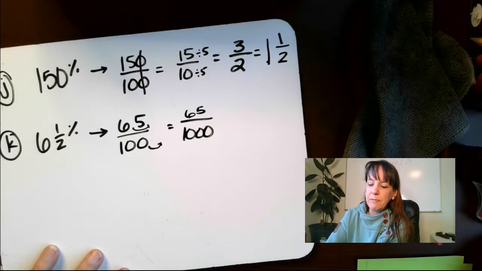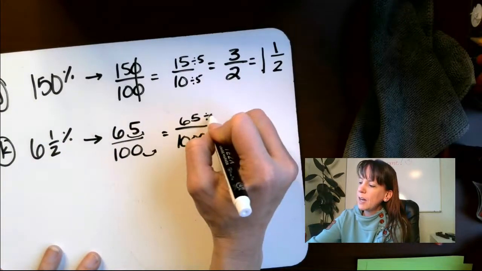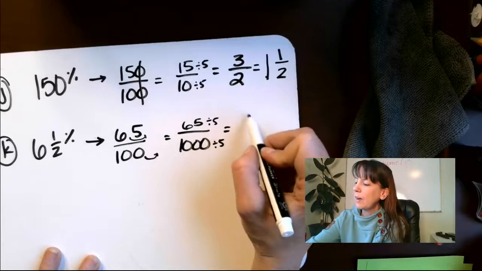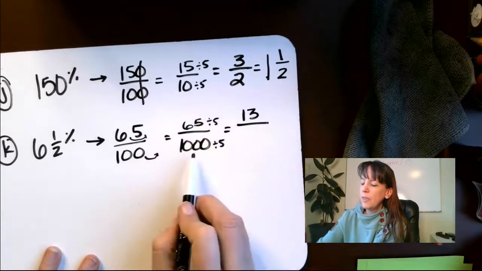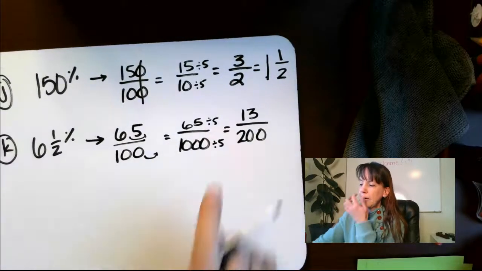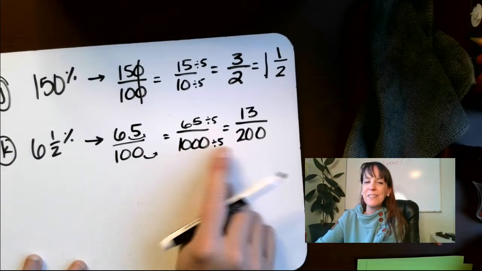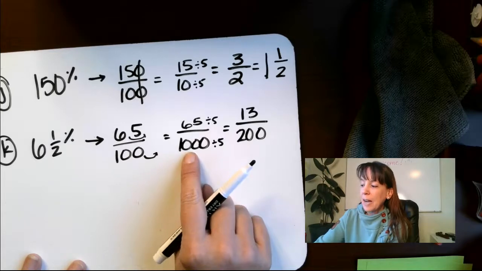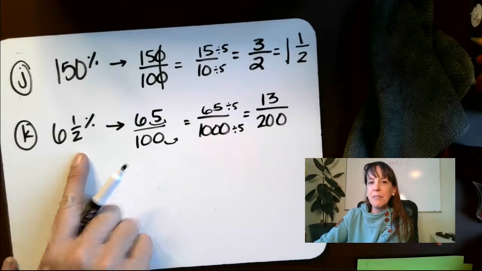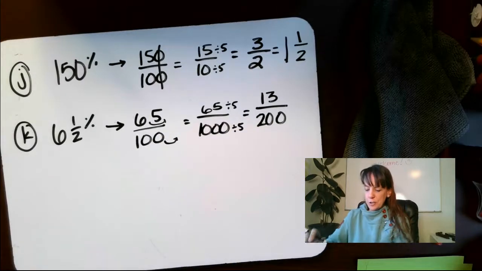Both of those end in a 5 and a 0, so if we divide the top by 5 and the bottom by 5, 65 divided by 5 is 13. On the bottom, we end up with 200 because 1,000 divided by 5 gives us 200. So 6.5% is 13 over 200.